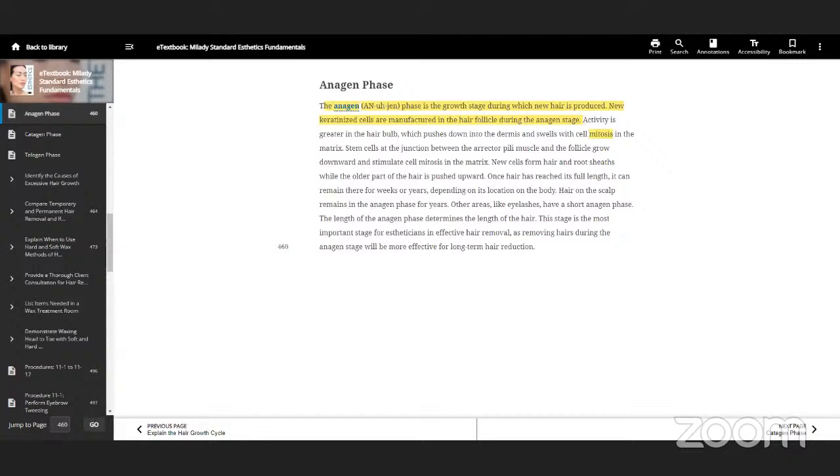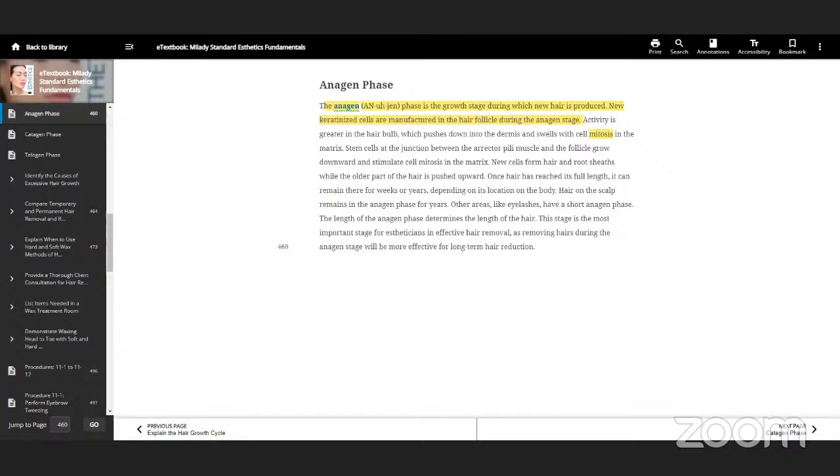So when you see clients with any kind of hair removal, one of the consultation questions I would ask is how long their natural hair is. If they get their natural hair out and it's shoulder length or longer, their anagen growth stage, they stay in that for a long time.